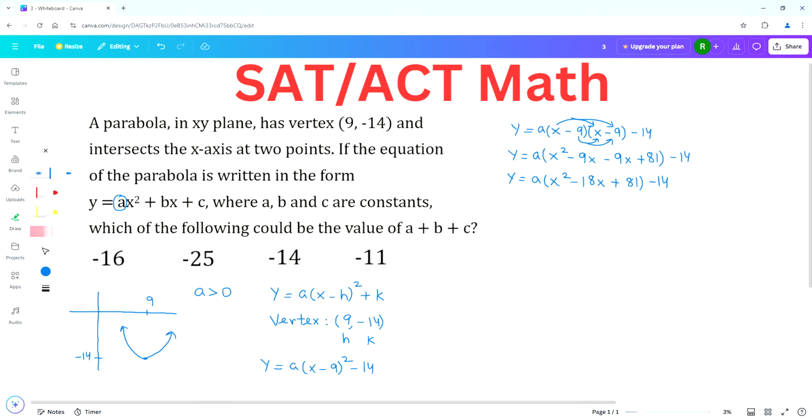Next, we can distribute a into the parentheses. We should multiply every term in the parentheses by a.